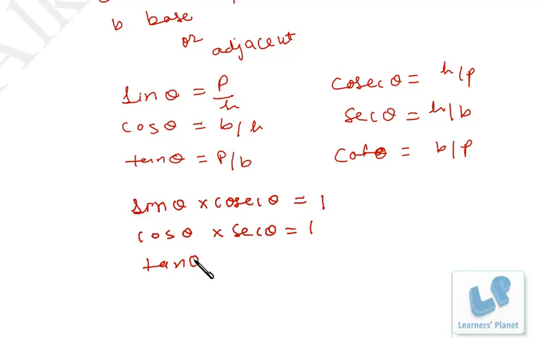Similarly, tan theta into cot theta is 1. So these 3 relationships we know, right? And friends, you have to memorize this, all these 6 ratios, that sine theta is perpendicular by hypotenuse, cos theta is base by hypotenuse, tan theta is perpendicular by base. There are various songs by which you can remember the relationships.